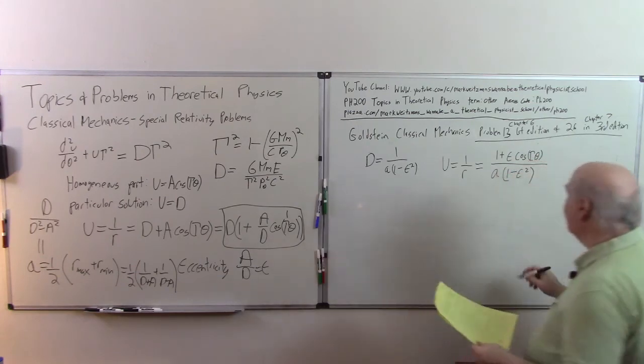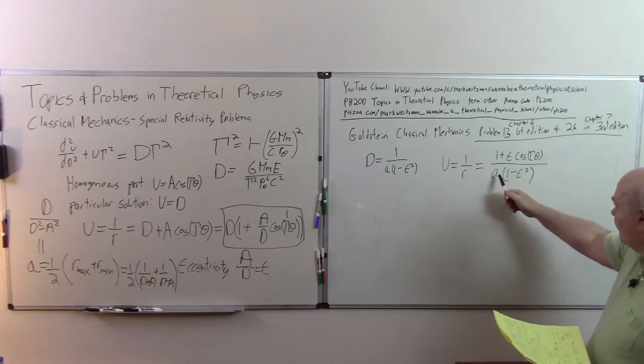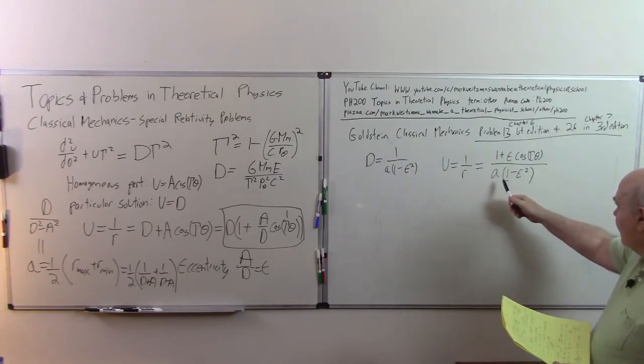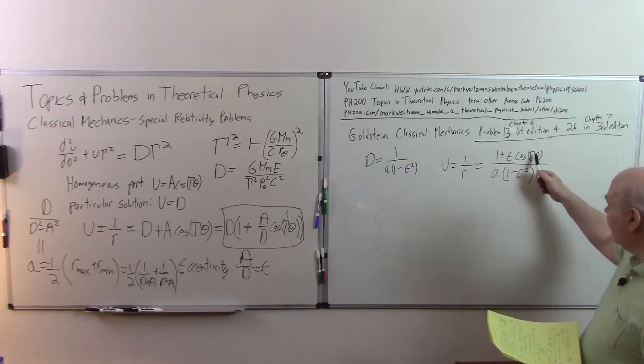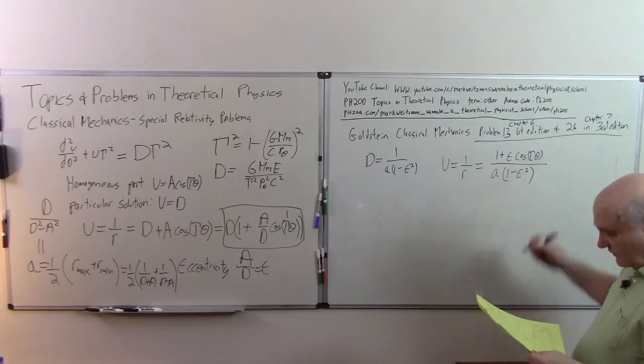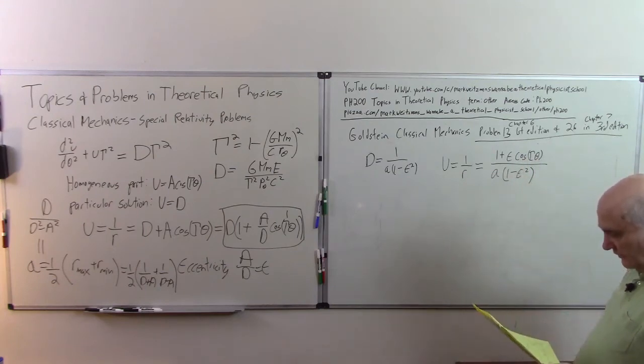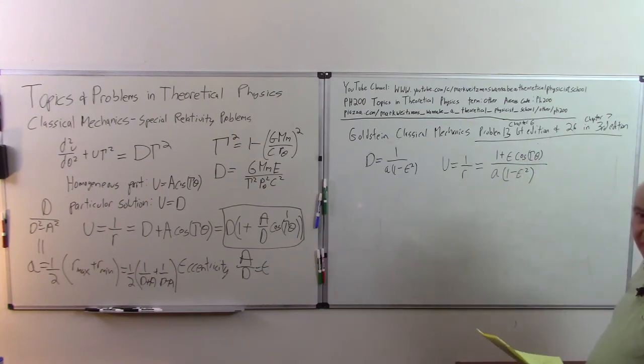So now we have everything in terms of the parameters. A is the semi-major axis, epsilon is the eccentricity, gamma is some parameter which is close to 1, which will give us how much the thing precesses. So let's calculate that right now.